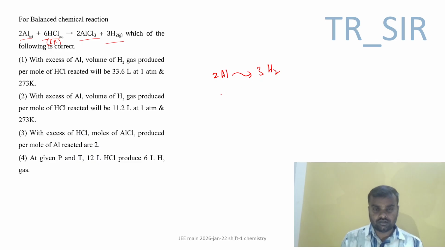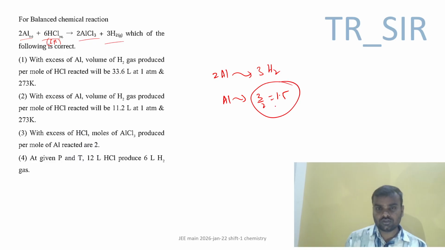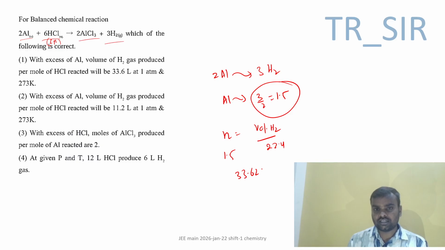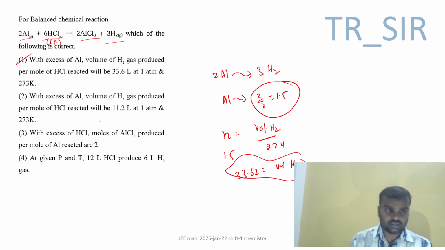Then per 1 mole of aluminum it will be 3 by 2, that is 1.5. Number of moles is equal to volume of H2 by 22.4. Moles here is 1.5, so 33.6 liters of H2 is coming. So the first option is correct only.